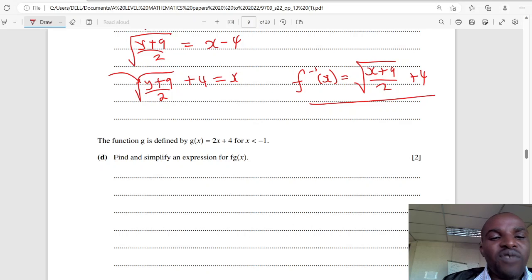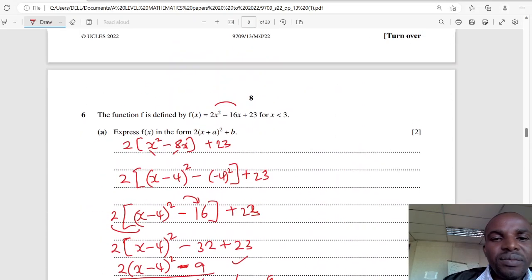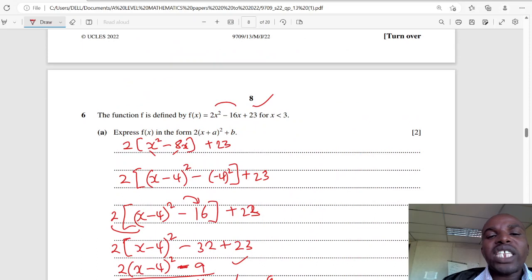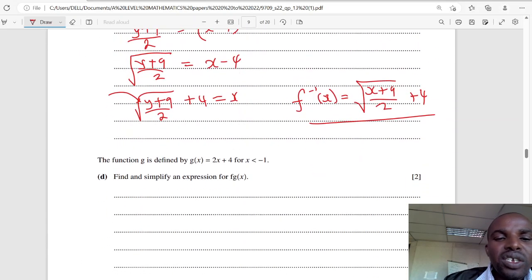Next, the function g is defined by g of x equals x plus 4, for x less than negative 1. Find and simplify an expression for fg of x. fg of x, right? So for fg of x, you have to take f. What is our f here? We can take it from the original format: 2x squared minus 16x plus 23.